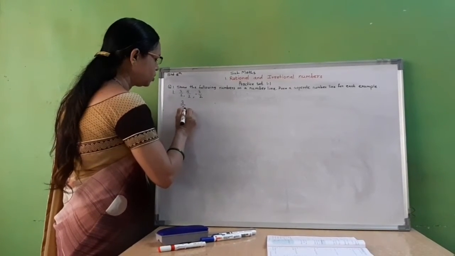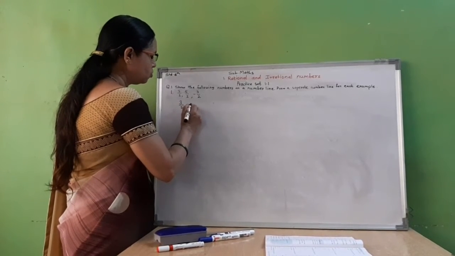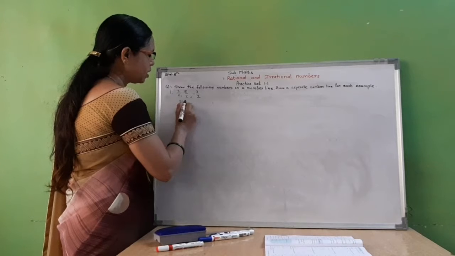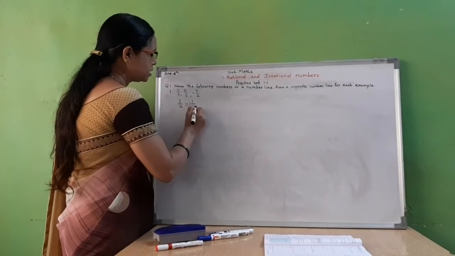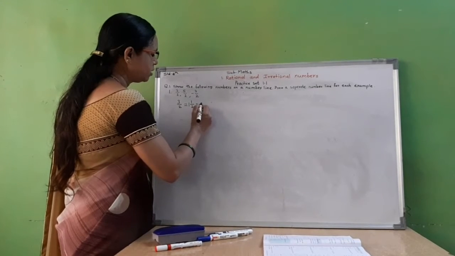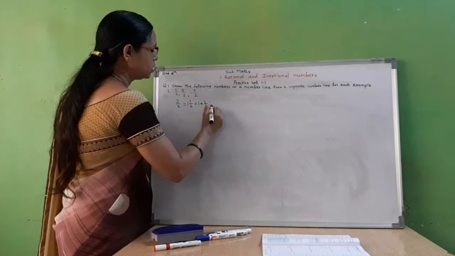Convert 3 by 2 into whole number fraction. 2 1s are 2, 3 minus 2 remains 1. Denominator as it is. It can be written in addition form, 1 plus 1 by 2.